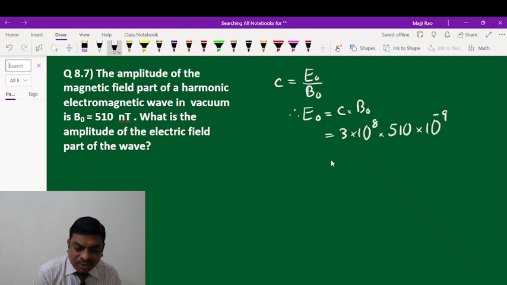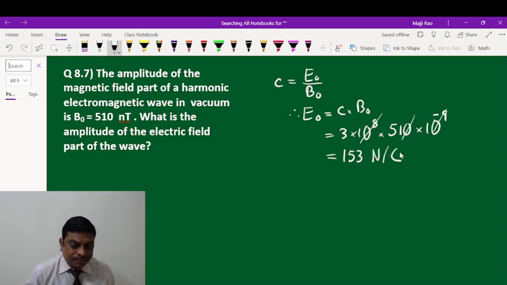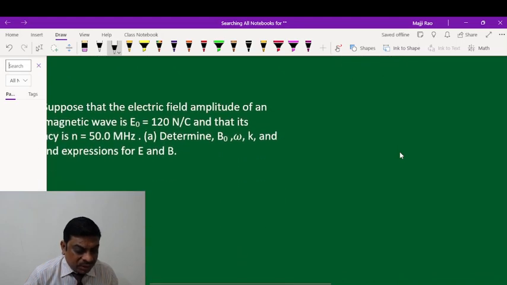Nano means 10 power minus 9. So we have substituted everything in SI. 3 into 51 is how much, students? 153. Exactly, this will get cancelled. So 153 newton per coulomb is the answer. Then moving on to the next question.